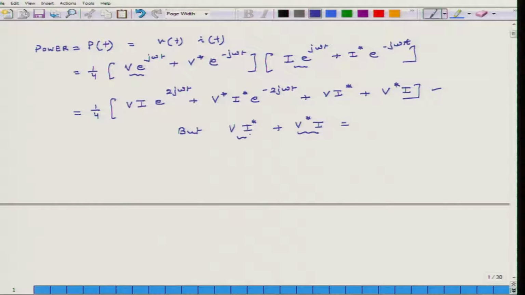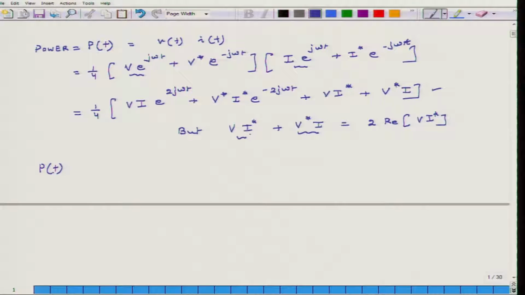When I add up two entities which are complex conjugates of each other, essentially what I will get is twice the real of V I star. Okay.